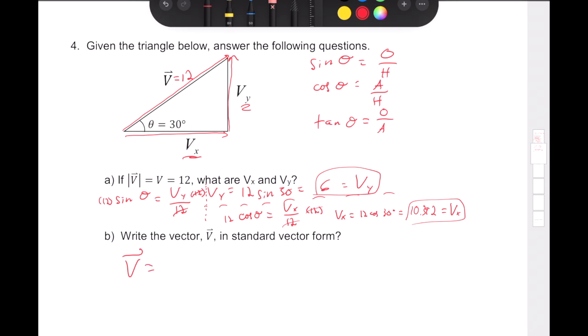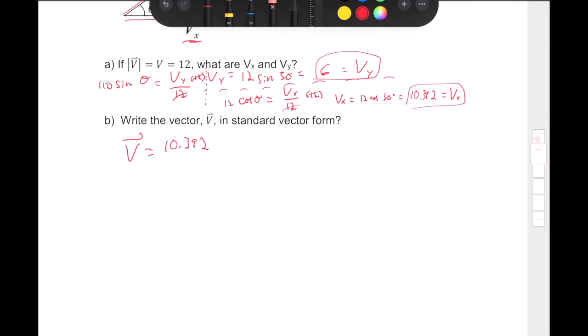Well, how much x is it? It's 10.392 times x-hat. We're going to put a little hat on that because it's not really multiplying by Vx. 10.392 is v sub x. We're saying it's 10.392 in the x direction.